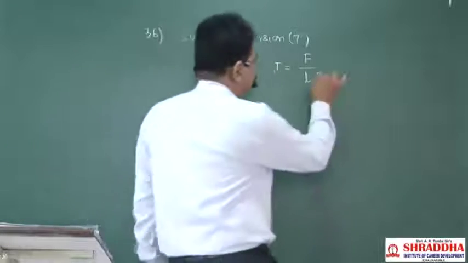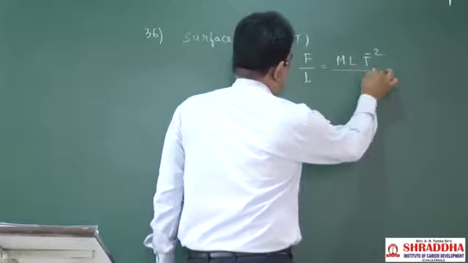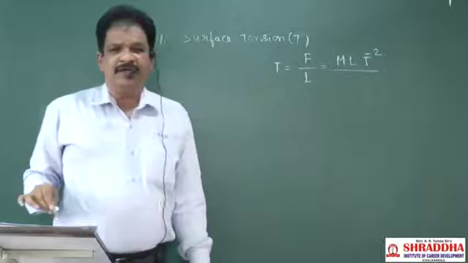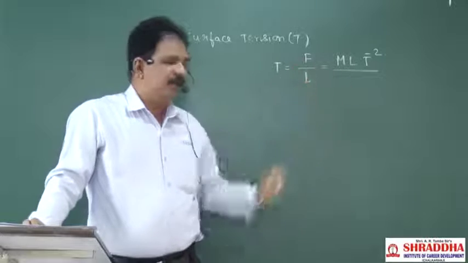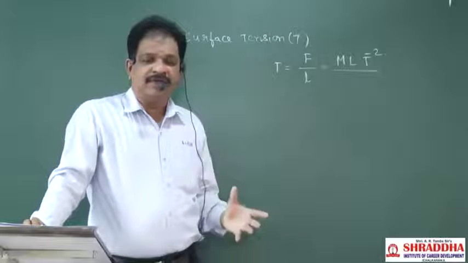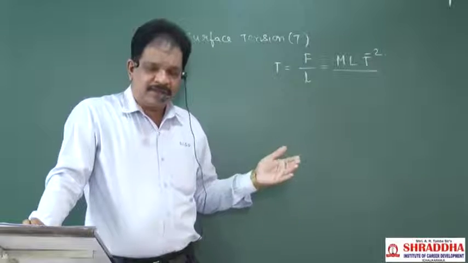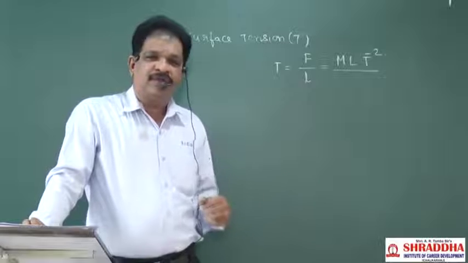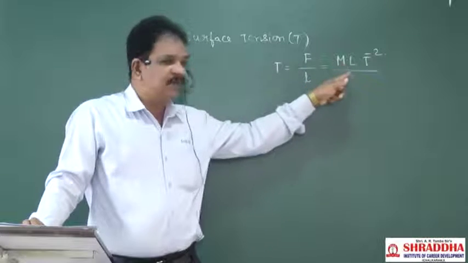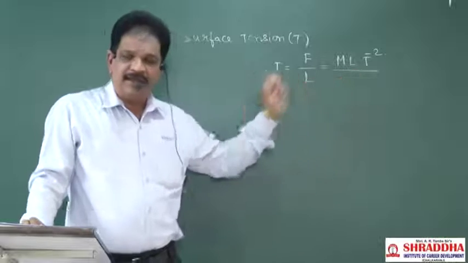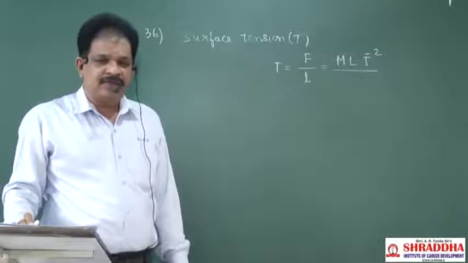So the force formula will be M L T power minus 2. Already you know the dimensional formula. What I told you, you have to memorize each and every physical quantity's dimensional formula. Then only it will be easy to derive the dimensional formula of the others. Otherwise, if we try to derive F is equal to m a, again a is equal to v minus u by t, like that it is time consuming.